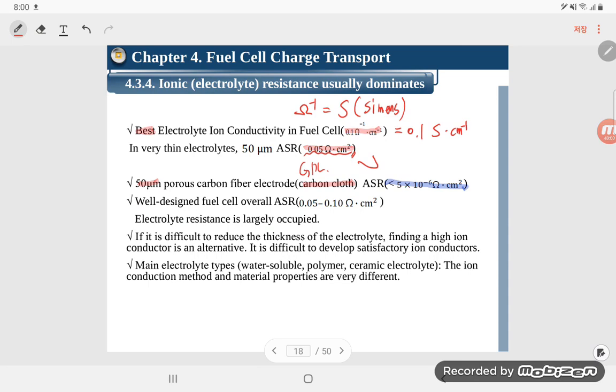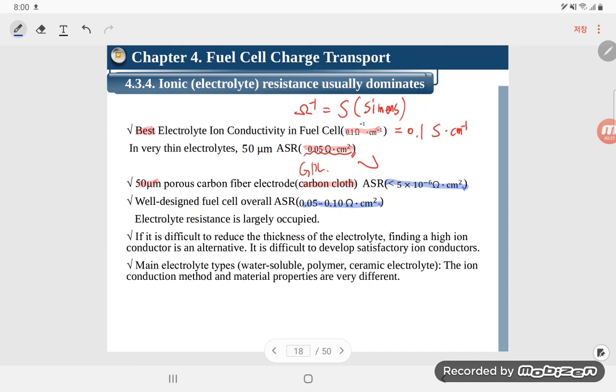So a well-designed fuel cell's overall ASR ranges from 0.05 to 0.1 ohm square centimeter, and the electrolyte resistance largely occupies it.